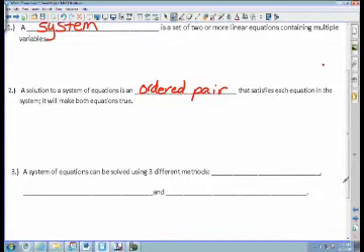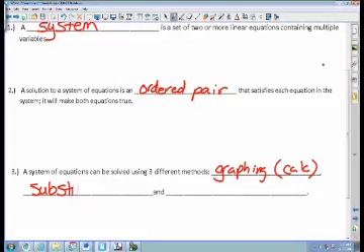A system of equations can be solved using 3 different methods. One method is going to be by graphing. Okay, graphing is going to be the same. We're going to put calculator in there as well because what the calculator is doing is graphing it. Another way is going to be substitution. We'll be doing that next.